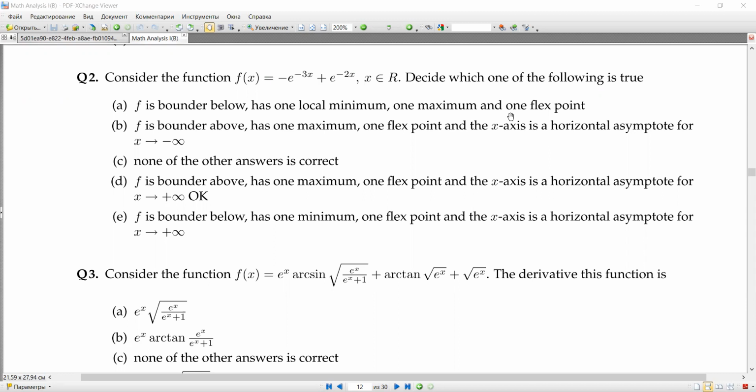Infinity. I'm going to set plus infinity. Do you agree with the solution?